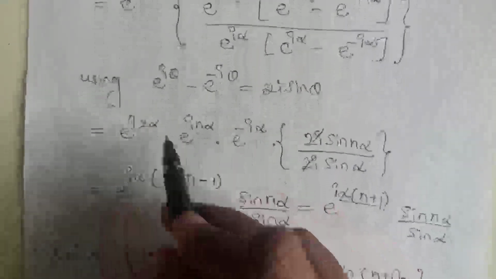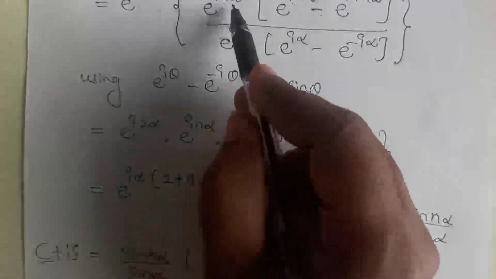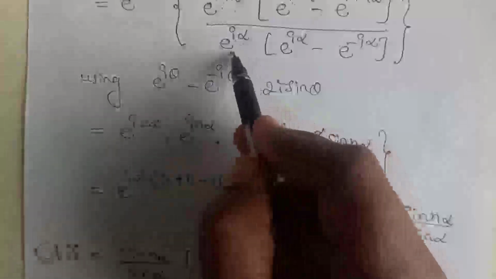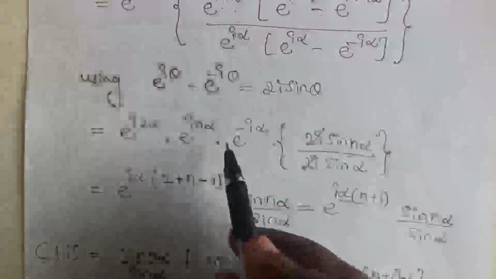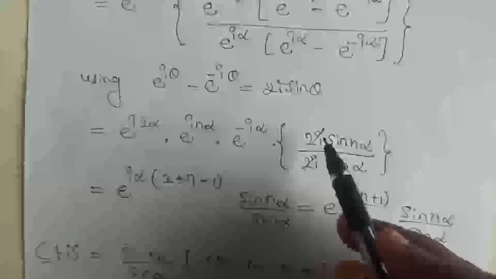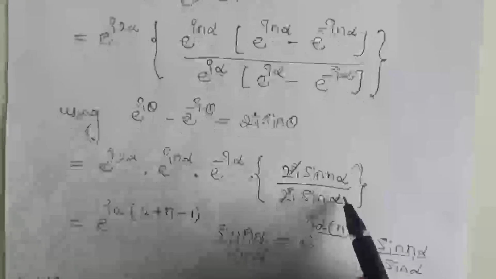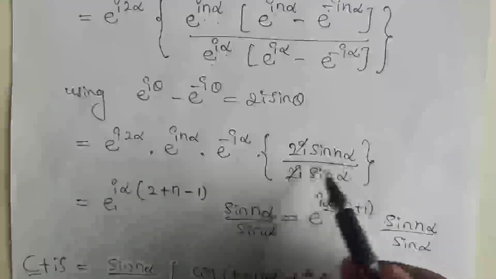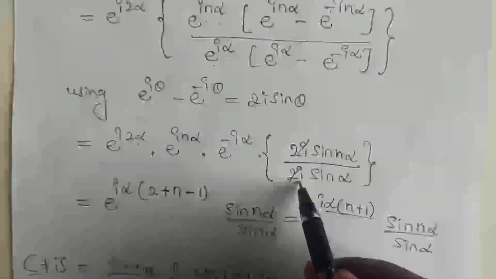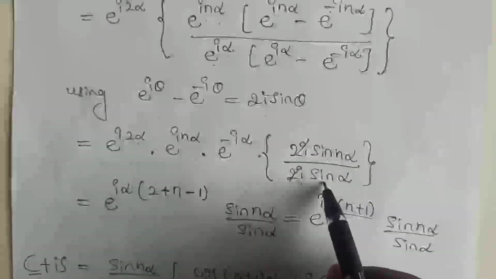We get e raised to i2α as it is, e raised to inα as it is. So on taking this one to the numerator we get minus of iα. By using this formula we get 2i sin, so the angle is nα, therefore we write nα. Again the denominator also 2i, but the angle is α, therefore we write sin α.